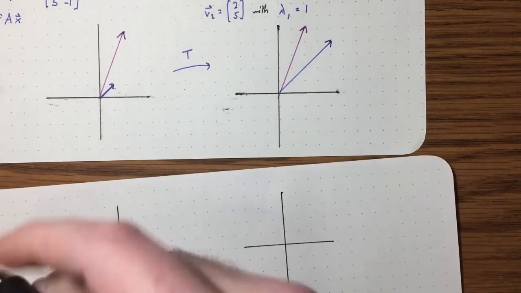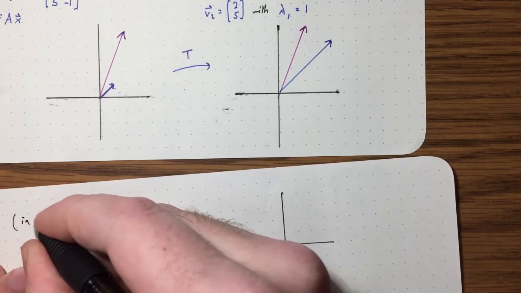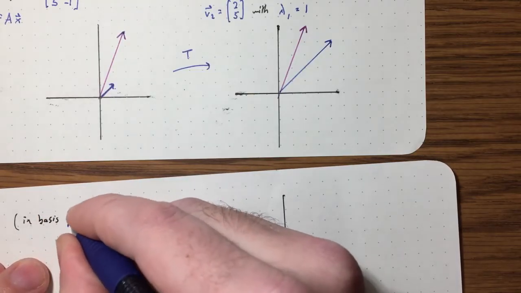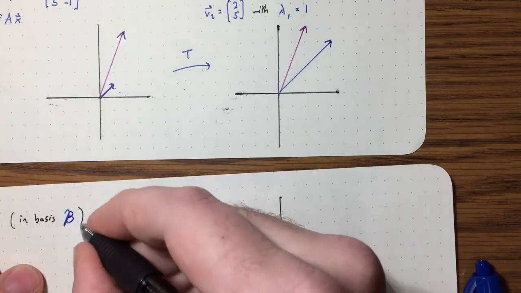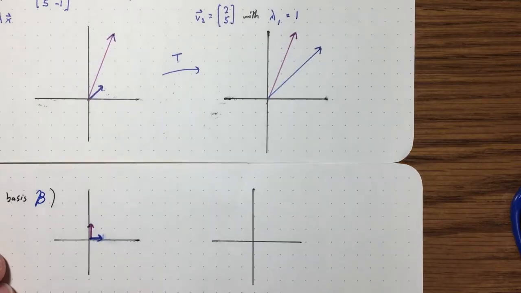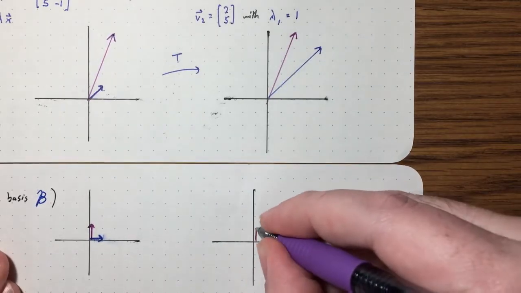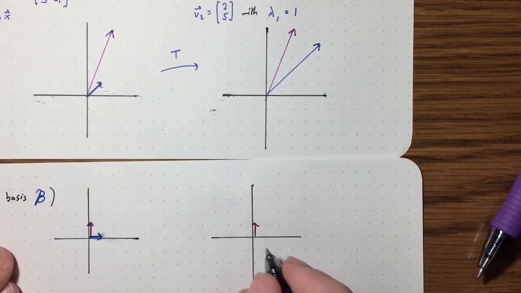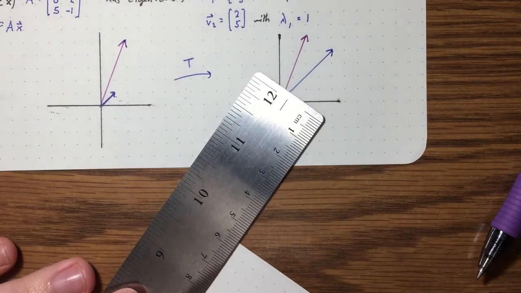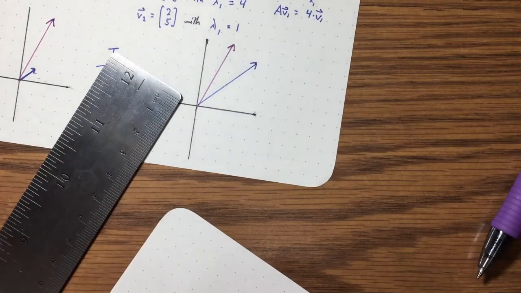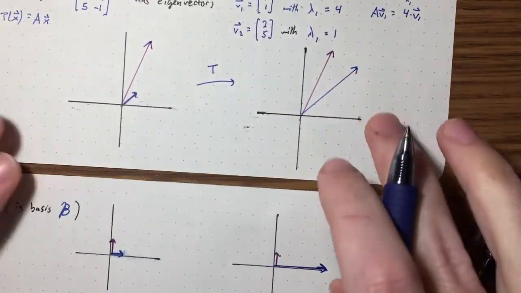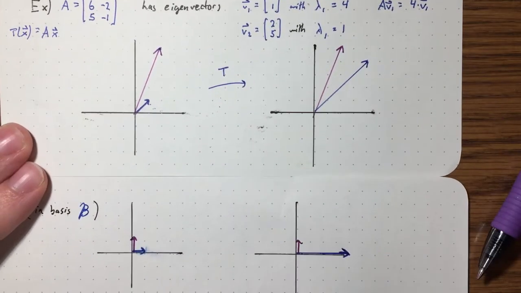So this is sort of the picture, so this is in the basis script B. This is what it looks like in the basis script B. Okay, and then the purple one is going to stay where it is, and then the blue one is going to just get stretched by a factor of 4 again, right? Probably won't be able to change that. But I just sort of want to change the picture. So this is my goal.